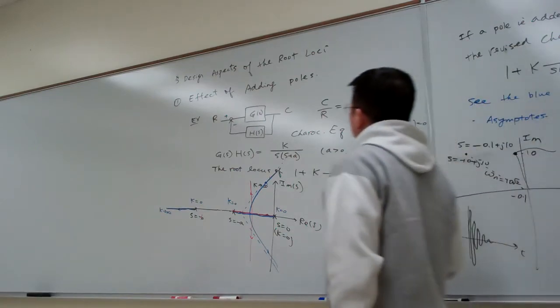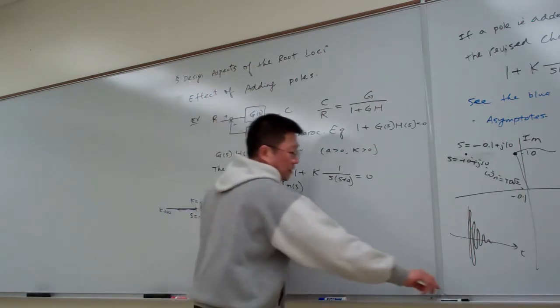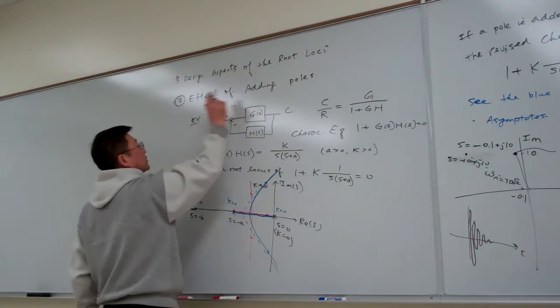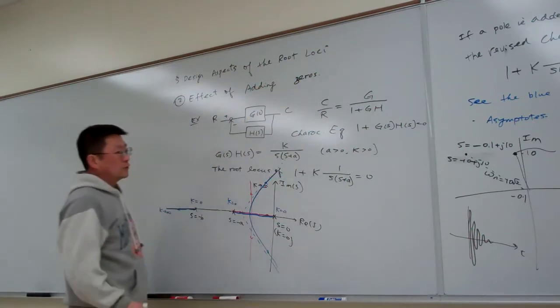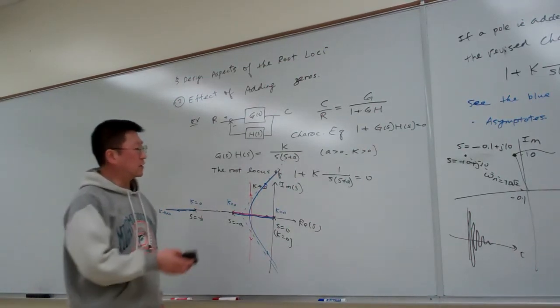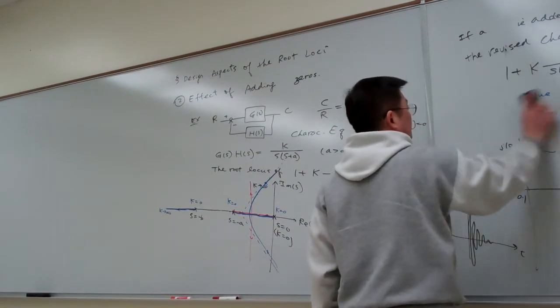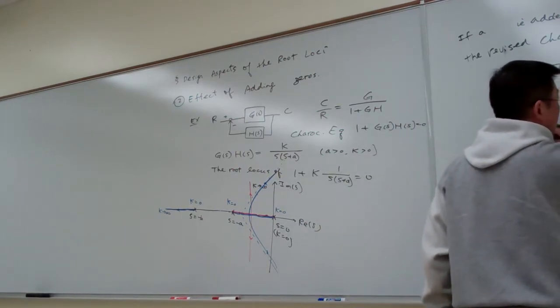So now we study the effect of adding a 0. Adding a 0 is basically on the reverse side. Before we do this analysis, you can guess. Let me pick the same example, then we see the revised version.